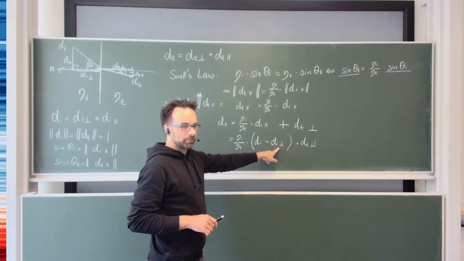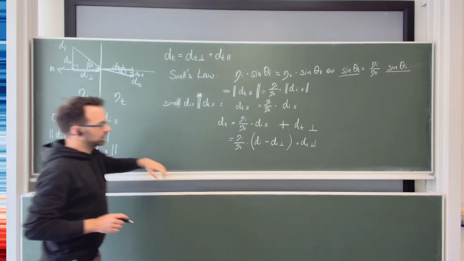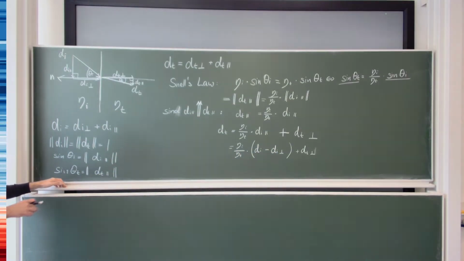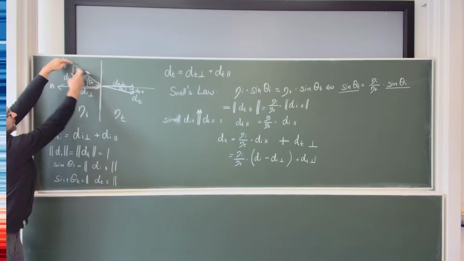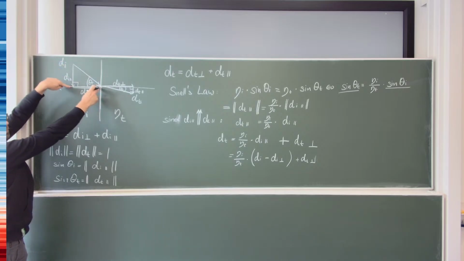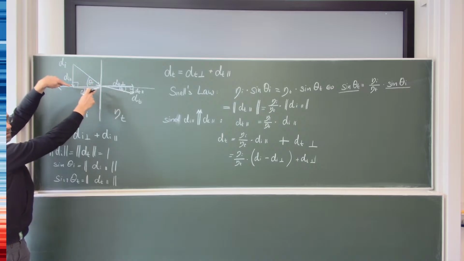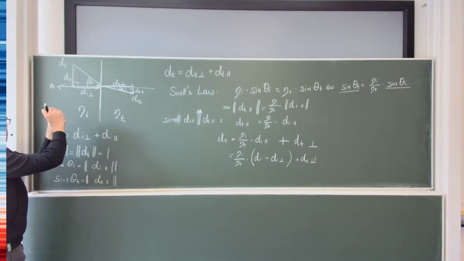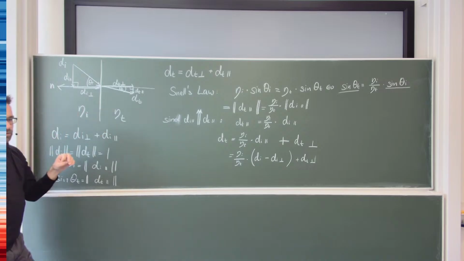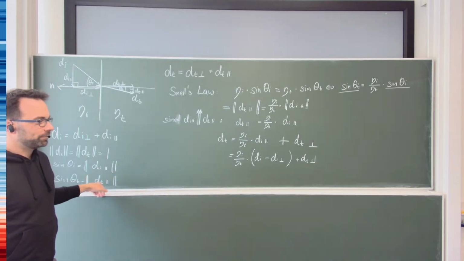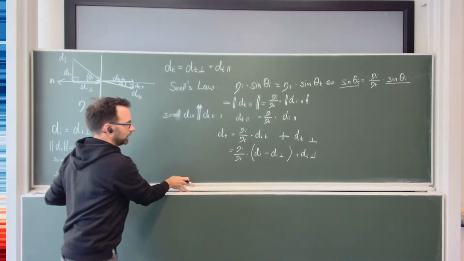Right? So the perpendicular part is just projecting this vector onto the normal, yielding the length, multiplying it by the normal, yielding its original direction. Right?